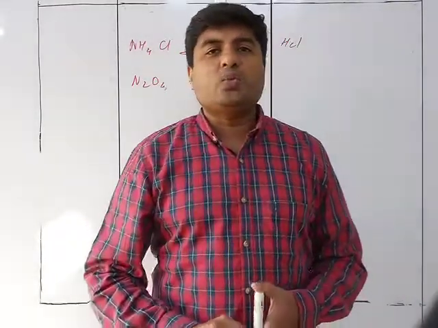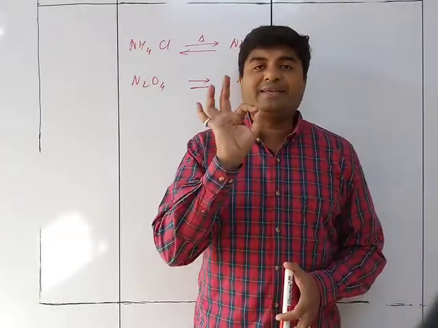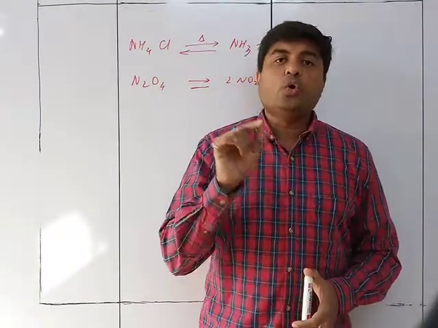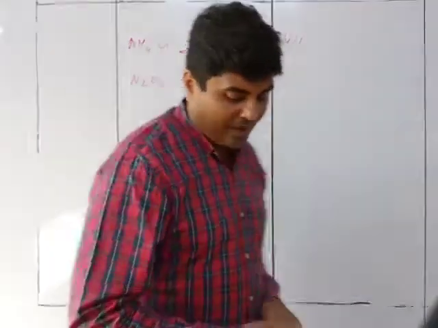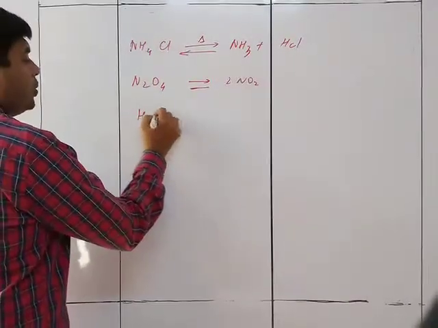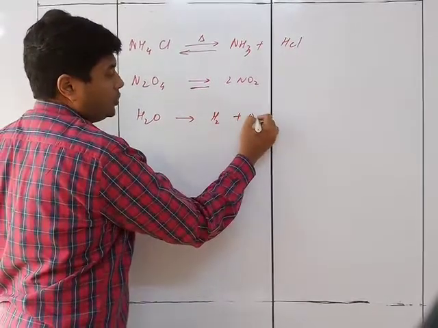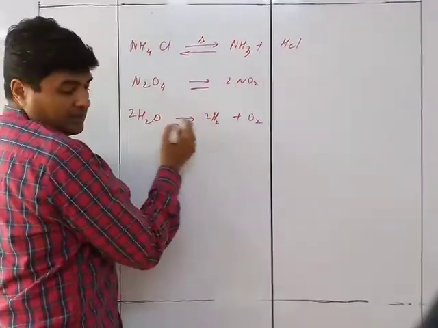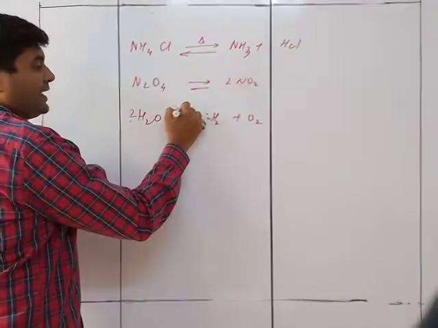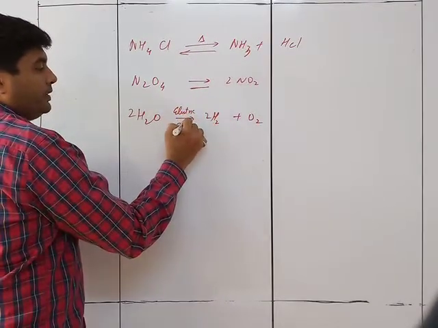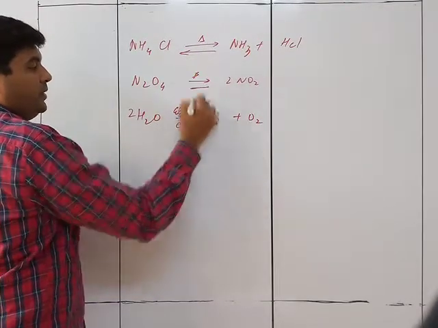Electrolytic decompositions are the ones in which when electricity is passed through it, then only it splits into two. That's why we have H2O splitting into H2 plus O2. So this is electrolytic. Electric current is passed through it. This was heat, whereas this is electric current.